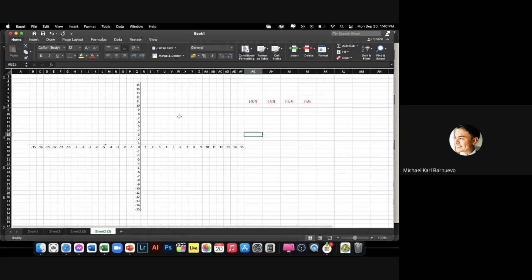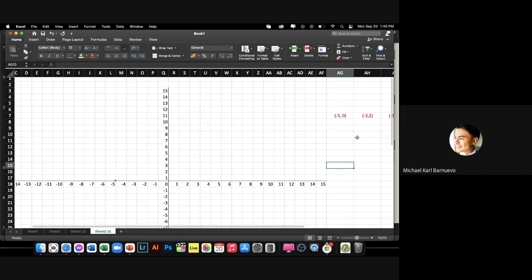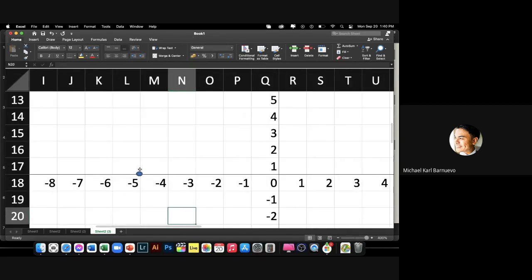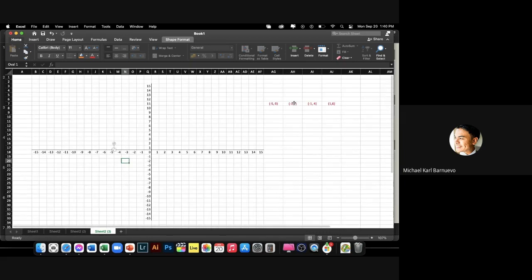Alright, now let's plot. First natin is negative 5, 0. Okay, nandito na yung dot. So, here is our first. Okay, second natin is x is negative 3 while y is positive 2. So saang quadrant siya?